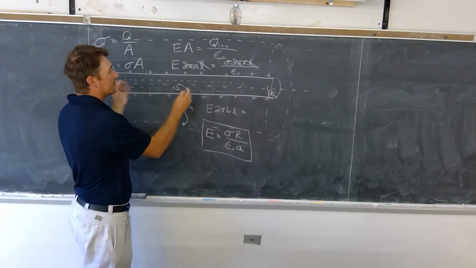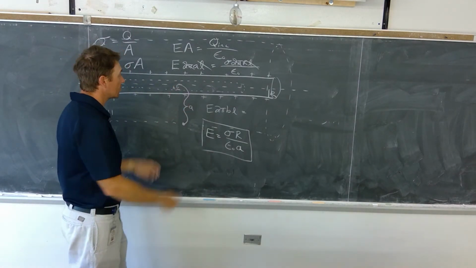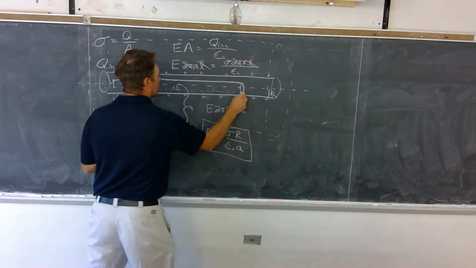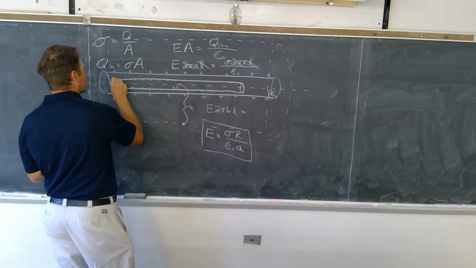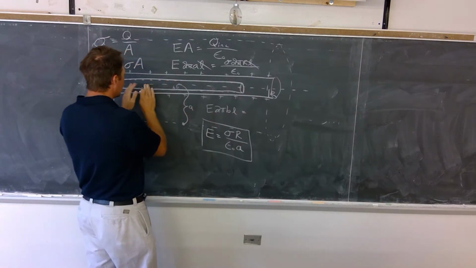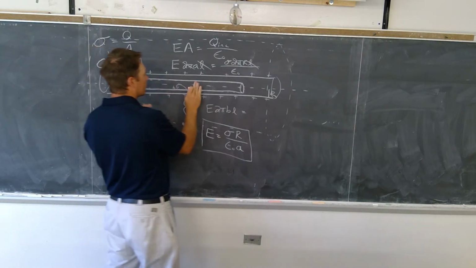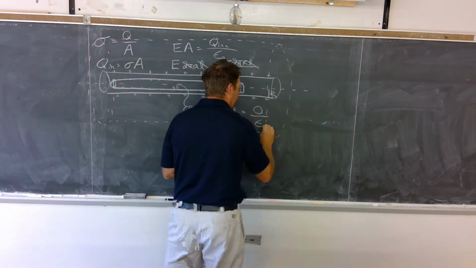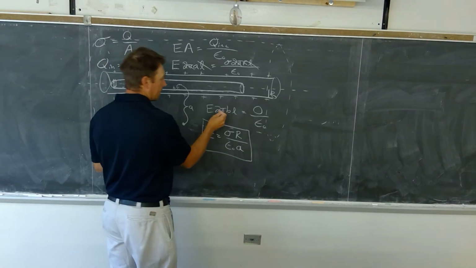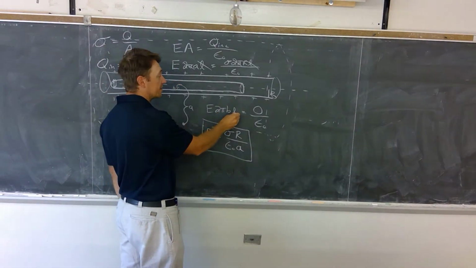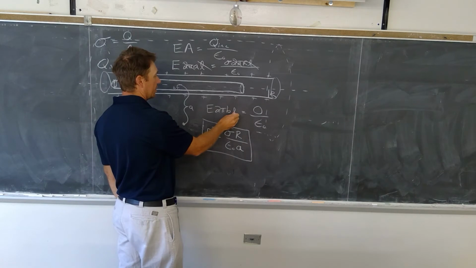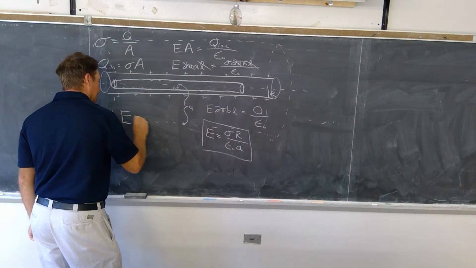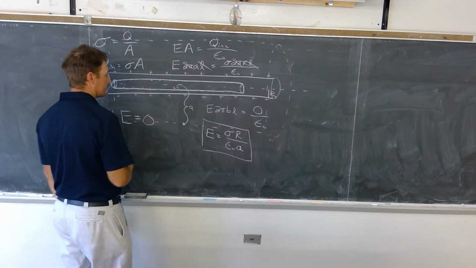So there is no excess charge on the inside of the conductor. As long as I'm inside here, and this is my new cylinder that's a tube cut out of the inside of it, there is zero excess charge in there, which means that the Q enclosed is 0 over epsilon naught, and these are obviously all things that are not 0. So your electric field strength inside of a conductor is always 0.